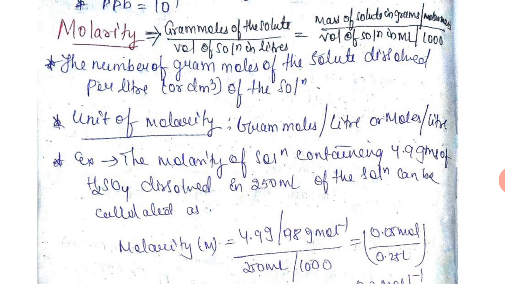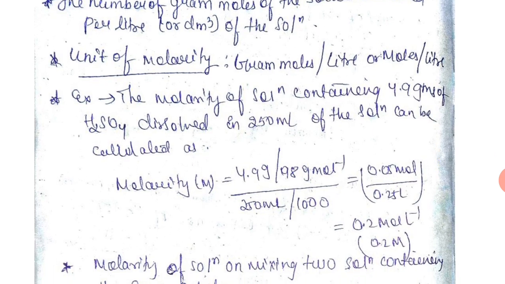What is the molar mass of H2SO4? H atomic mass is 1 into 2, sulfur 32, plus 64. So it is 98 gram mole inverse. So we get 0.2 mole liter inverse, or 0.2 M molarity.